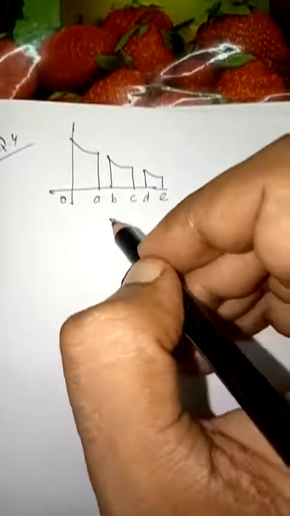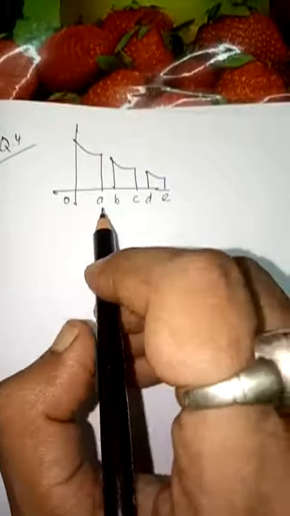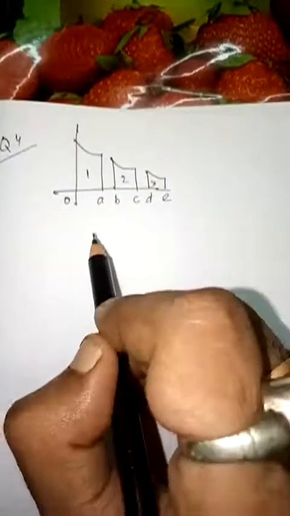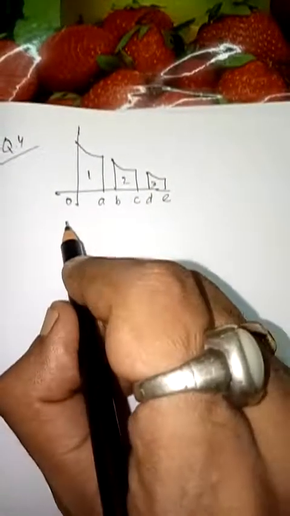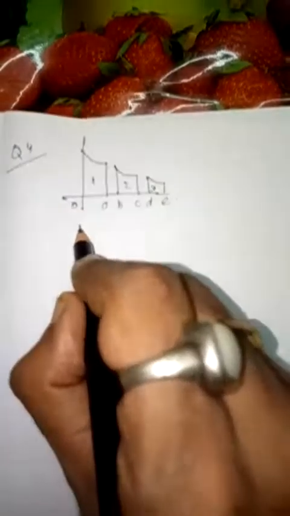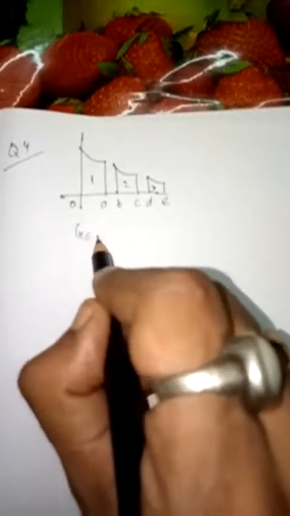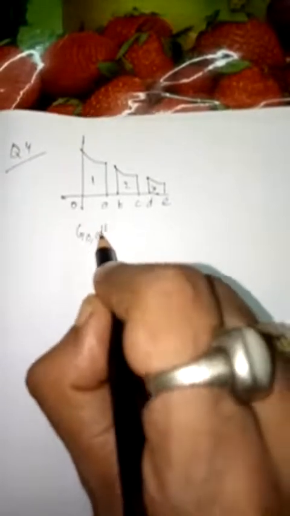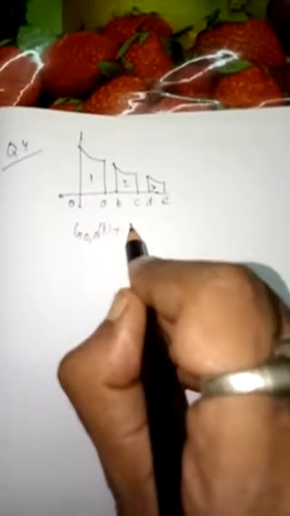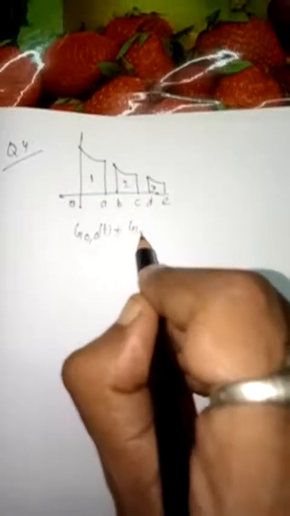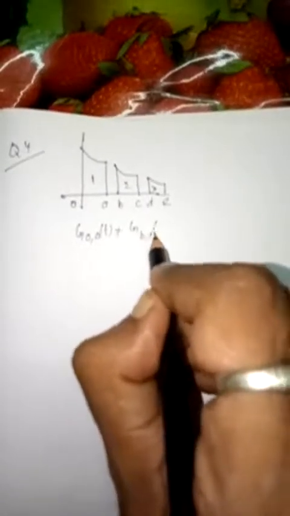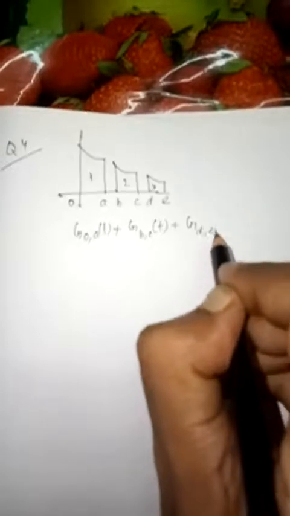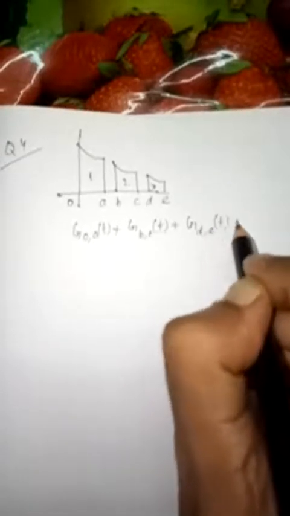What is the expression for this? How many boxes? Box number 1, 2 and 3. Three boxes are there. So write the box functions: g(0, A)(t) plus g(B, C)(t) plus g(D, E)(t).